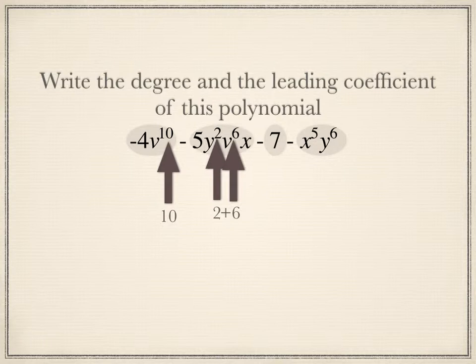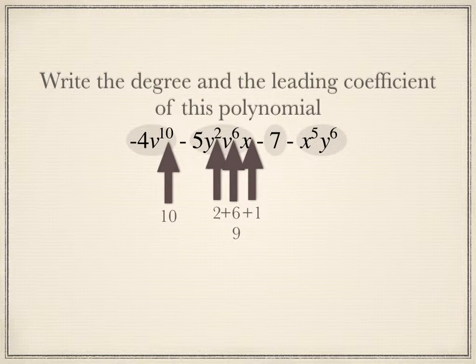And then we have one more variable which has an invisible 1 written there. Because remember, when there's no exponent listed, we know the exponent to be 1. So we go ahead and add those together to find our degree. So 2 plus 6 plus 1 is 9. So the degree of that term is going to be 9.